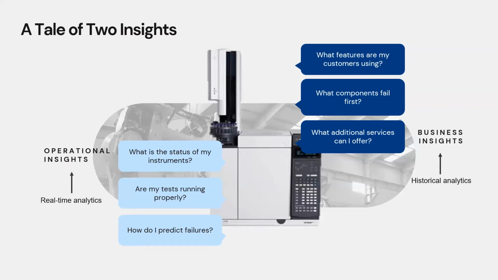The other type of data insights are called business insights. Those are typically done through historical or batch analytics, right? Looking at data across a long time, maybe 3 months, maybe 6 months, because you want to look for patterns that can tell you, for example, what are the top features that customers are using, what components fail more often than others, what services are customers using, and what additional services can I provide.